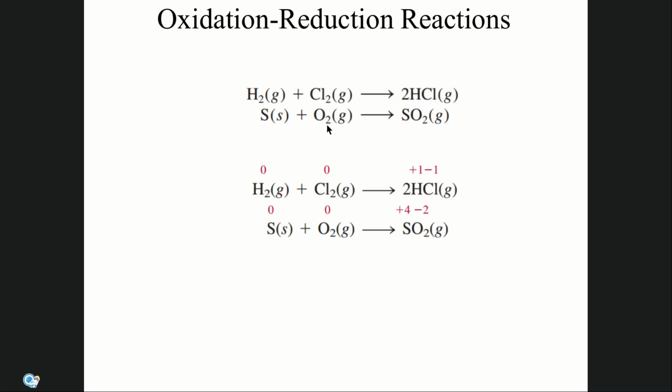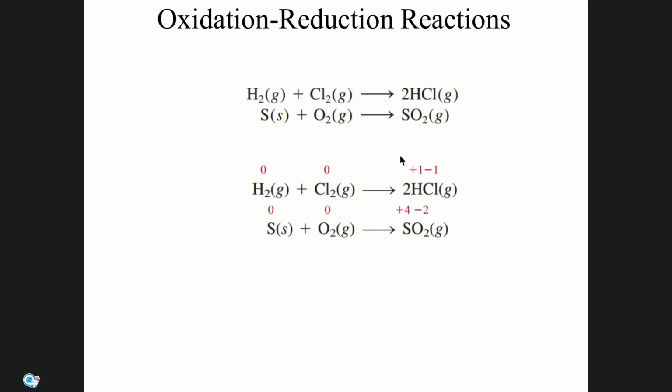For example, we can rewrite the previous equation for the formation of hydrogen chloride and sulfur dioxide by using this reaction.